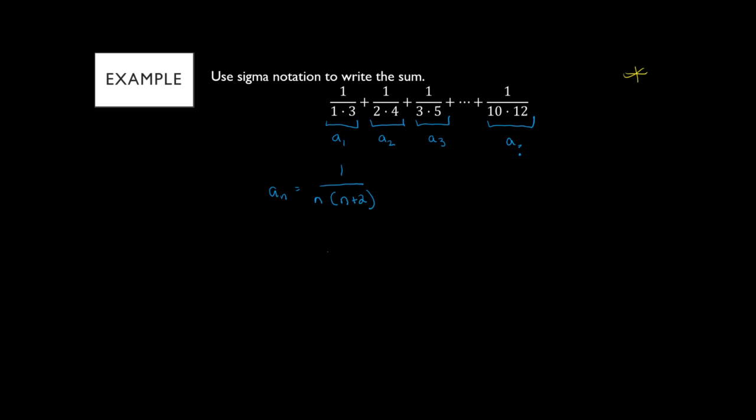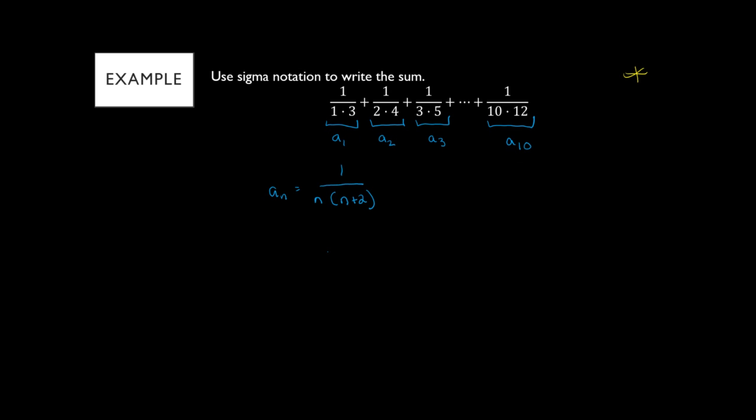And we have 3. 3 plus 2 is 5, 3 times 5. So that's our pattern here. It's n times n plus 2, which means that based off of that pattern, our last term here must be 10, because it's 10 times 12. So I can label that as a sub 10.